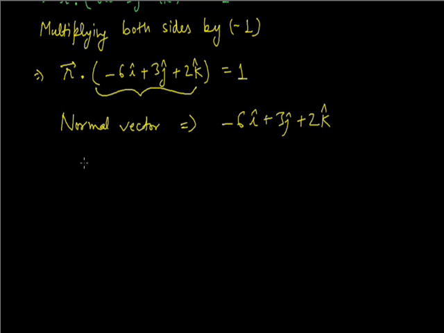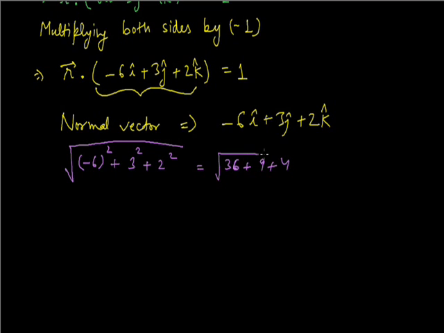That would be equal to the square root of minus 6 square plus 3 square plus 2 square. So it will be the square root of 36 plus 9 plus 4, so it is going to be the square root of 49, that is 7. Now we will divide this vector by its magnitude 7 so that we can obtain the unit vector.